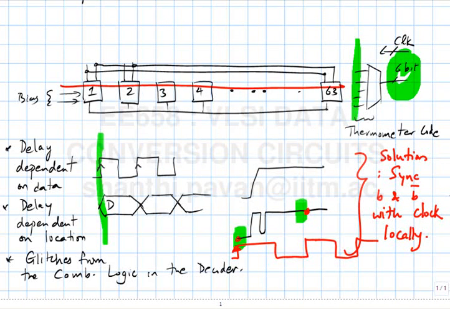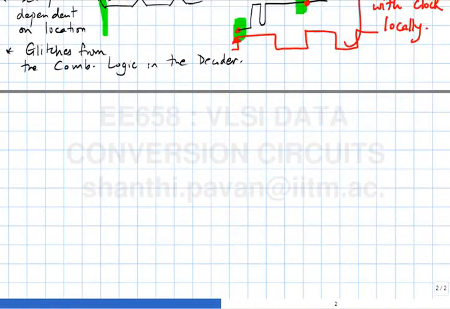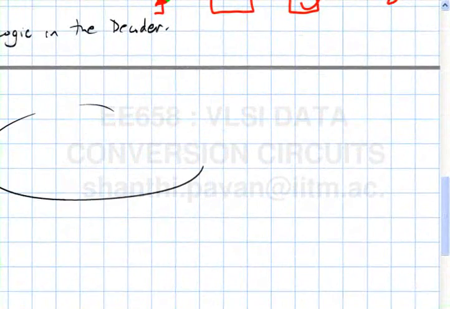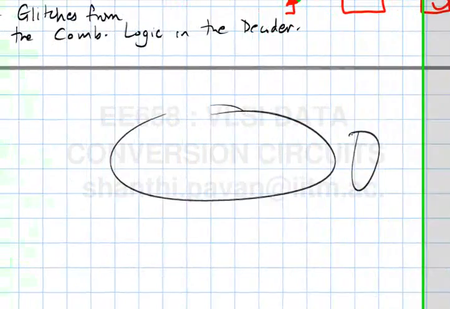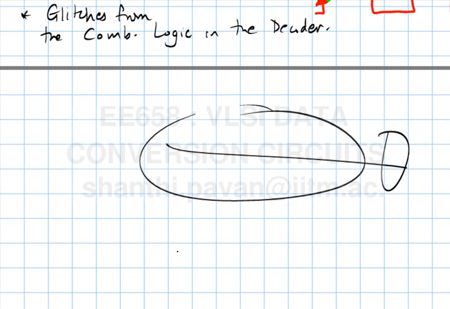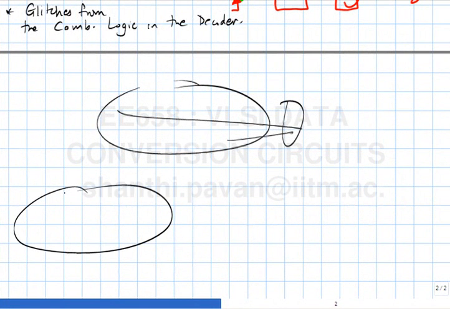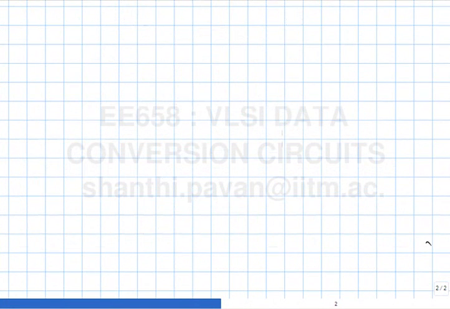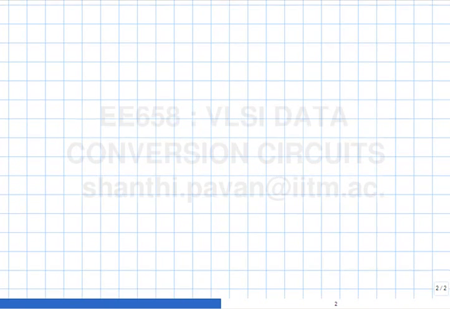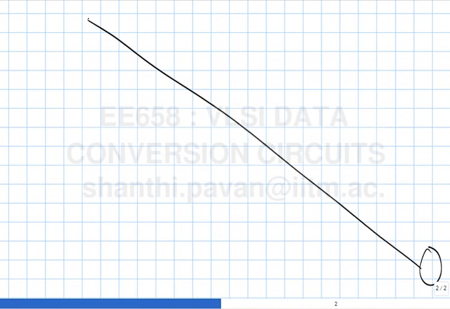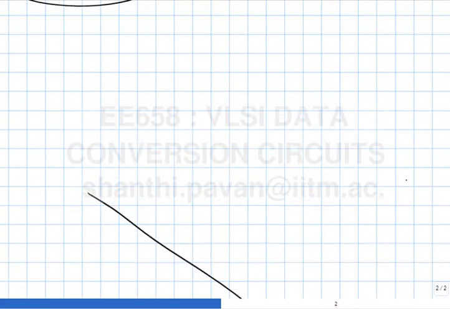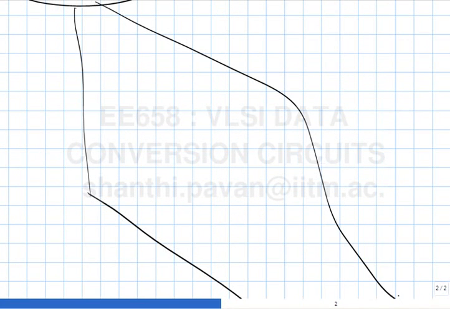So one idea: these are all the current cells. The problem is now the decoder is here. So clearly if you draw a line from here to here and here to here, there are two different lines. So how will you make them equal? One is to put this here and to put this here, correct? This is a valid approach. So now if you draw a line from here to here or here to here, the two of them are just as long.